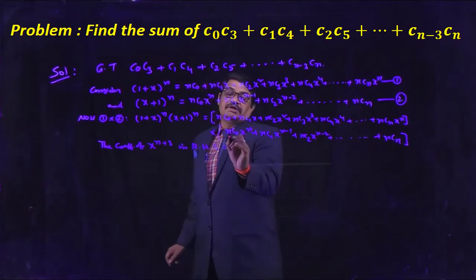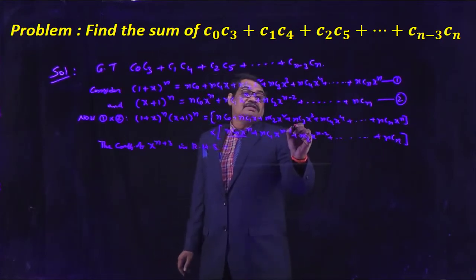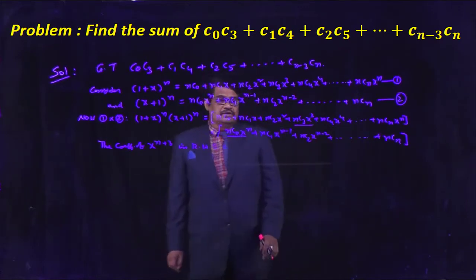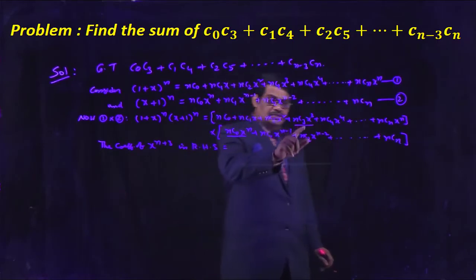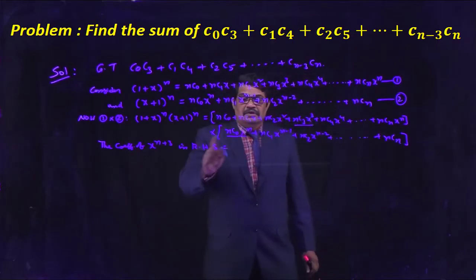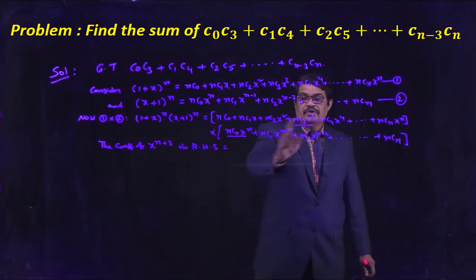So see that here we have nC0 x power n, and here nC3 x power 3. When we multiply these two terms, we get x to the power of n into x to the power of 3, that is x to the power of n plus 3.